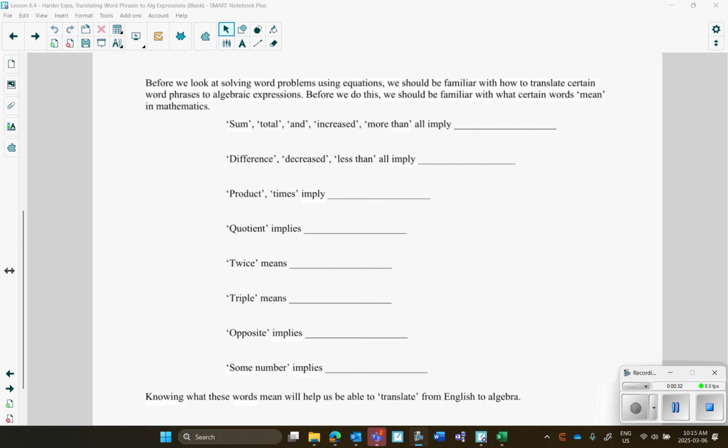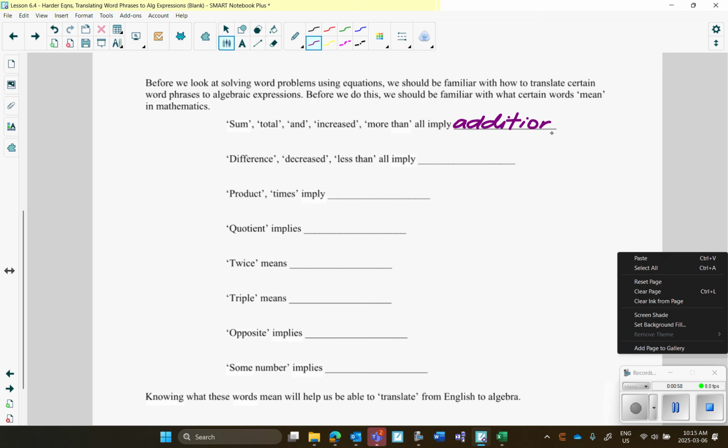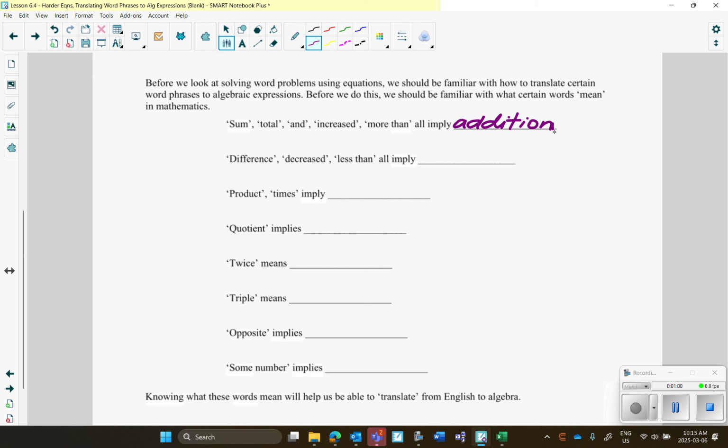So when you see the words sum, total, and, increase, more than, what kind of math is that? Adding. Exactly, it's addition. So if you see a word problem that has those words in it, you're going to have to do some addition.